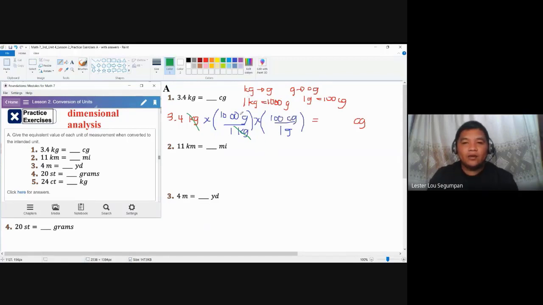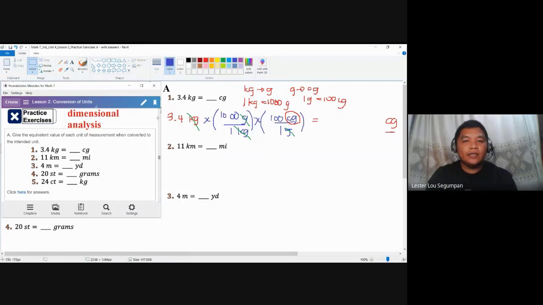By doing that, we can remove grams here. Take note of what is the unit left here. We don't have kilograms anymore. We don't have grams. This is our entire unit. That's the correct process.